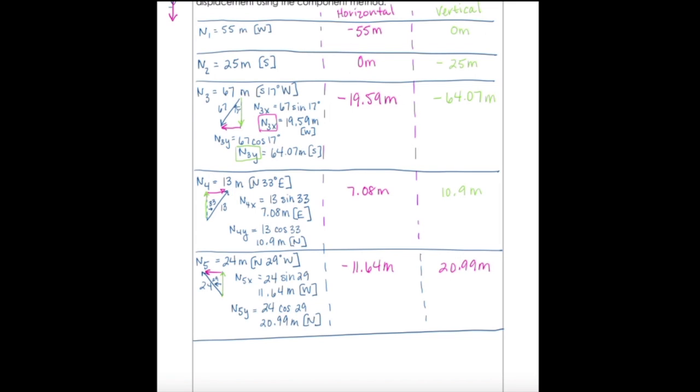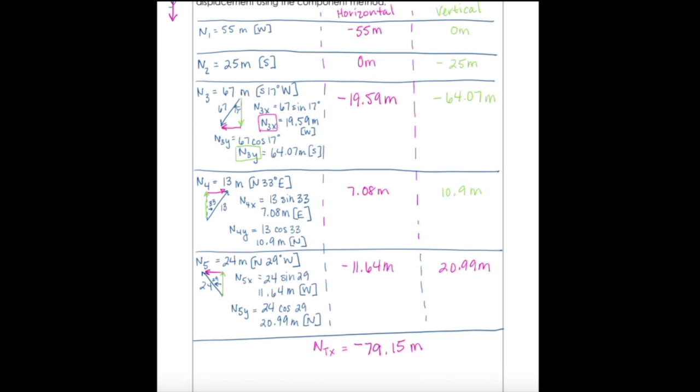So our total of horizontal is going to be negative 79.15 meters. Okay, and just note that the negative means that it's in the western direction.